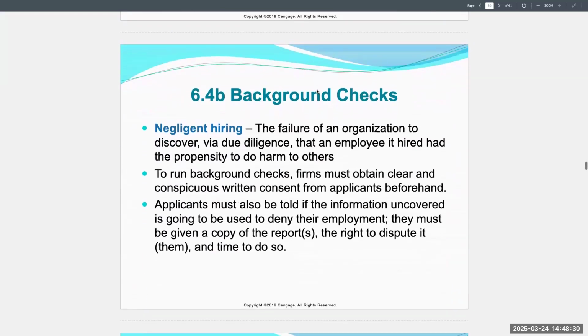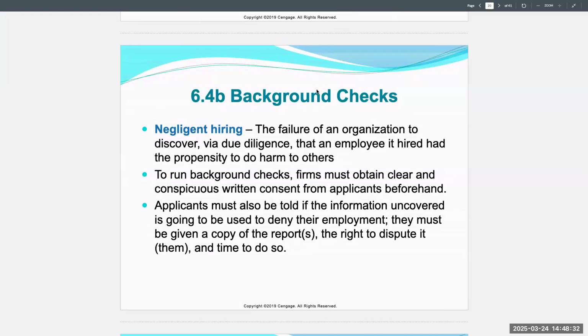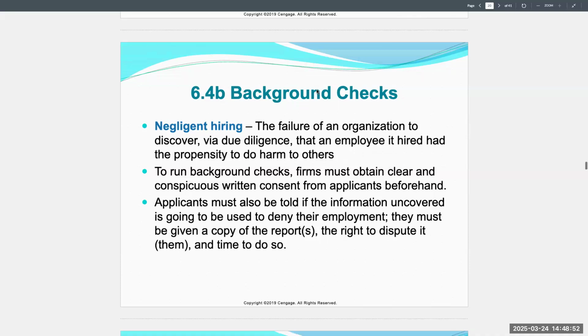Next up, we have background checks. Background checks are a legal doctrine that employers cannot afford to ignore. If an employer fails to discover a history of violence, fraud, or misconduct that later results in harm, the company may be held liable. This is where background checks become indispensable. They serve as a safety net, ensuring you exercise reasonable diligence in your hiring decision.